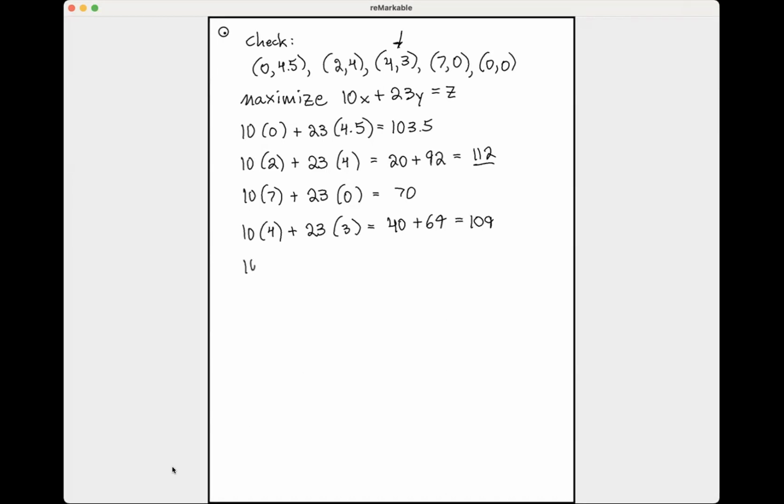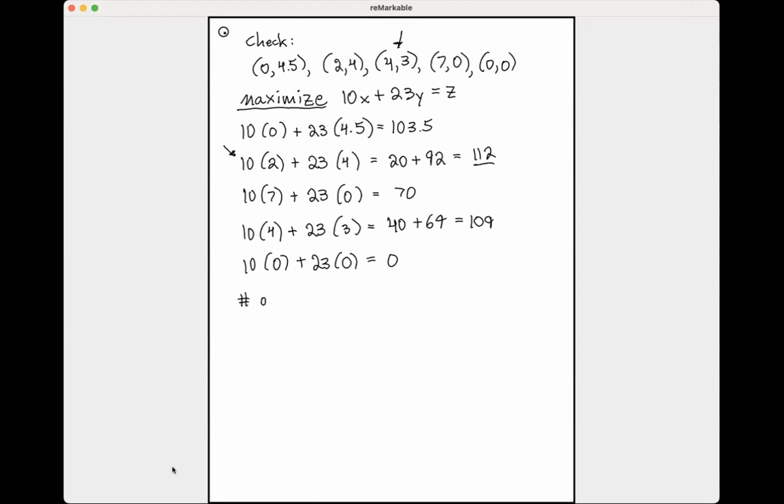And then lastly, 0, 0 is not going to be it, right? Okay, that is a minimum value, right? But we are trying to maximize our function, so we don't really care. All right, so this second equation here is the winner. So 2, 4 is the coordinate pair we're looking for.